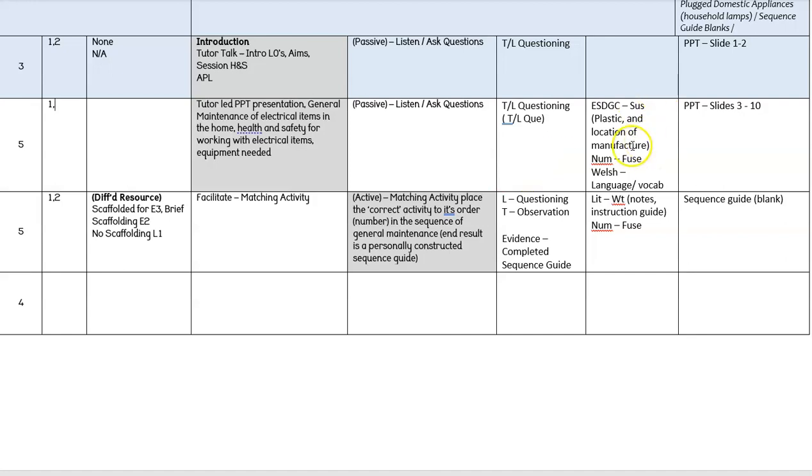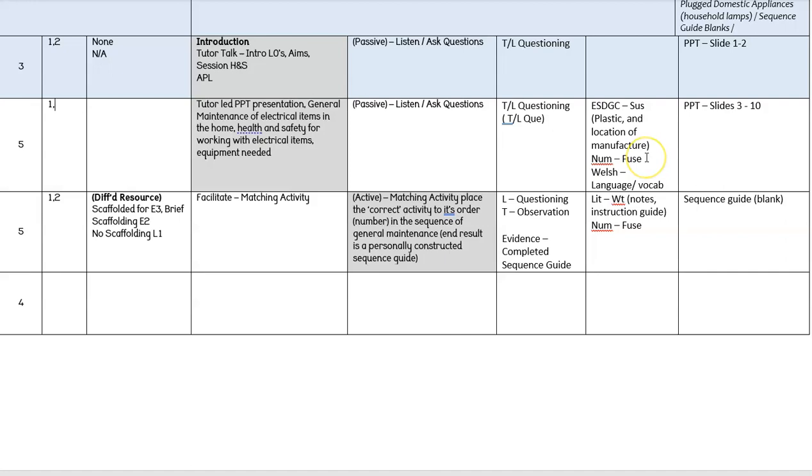So in this particular case, whilst I'm doing the presentation, I'm going to look at sustainability by talking about the plastic used and location of the manufacturer, because that adds air miles and sustainability, etc. I'm also going to talk about fuses. I'm not going to go into too much depth because that is a numeracy element, the right number fuse for particular plugs or whatever.